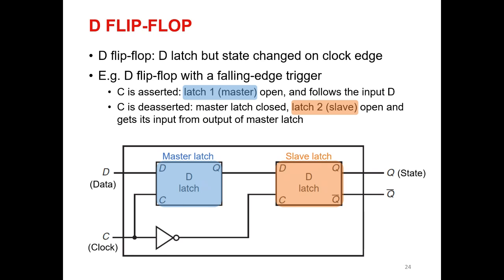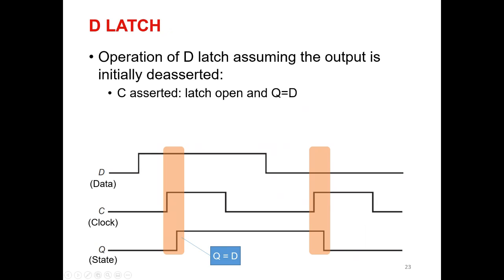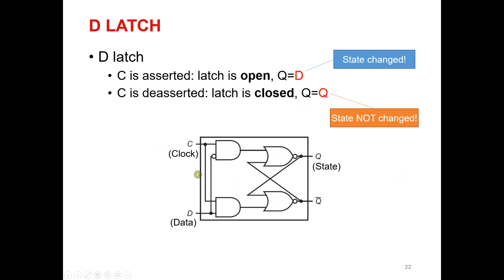Someone asked, how do you know if a latch is open or closed? In the case of the D latch, if you follow the outputs in here, as we have seen already, and if you do the truth table for this, you will get when the latch is open.